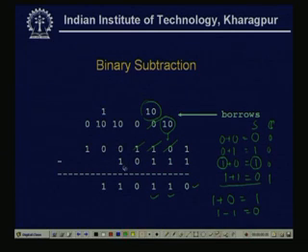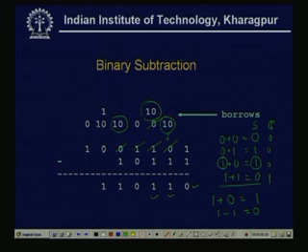Here 1 I want to subtract from 0. So, 1 subtracted from 0, this should be 1. Okay. This should be, again this is actually 1 0. So, this is 1, again it is borrowed.